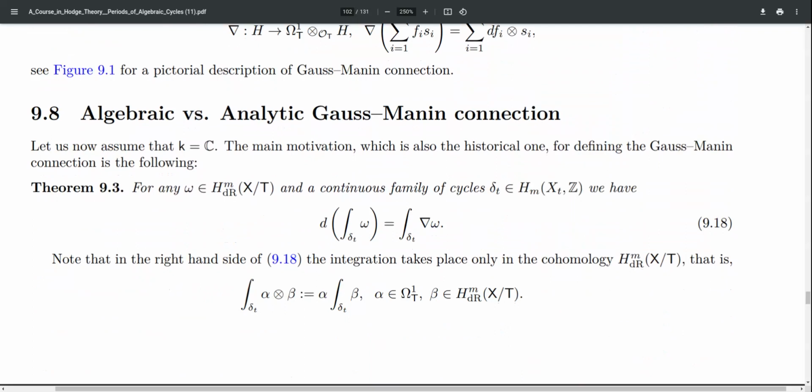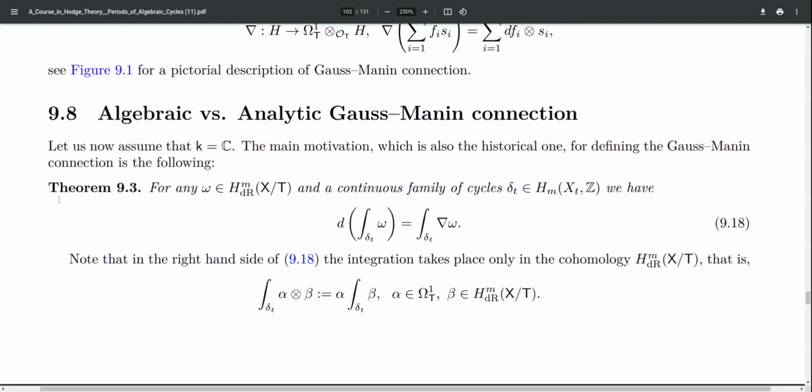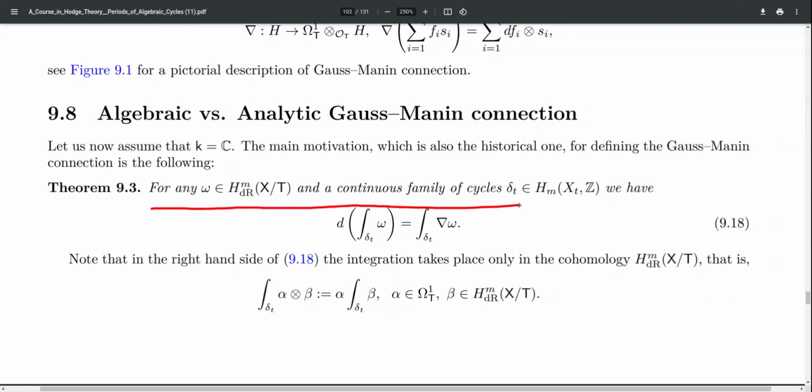The fundamental property of the Gauss-Manin connection is this theorem which relates it to integrals, and that is why the name of Gauss appears.